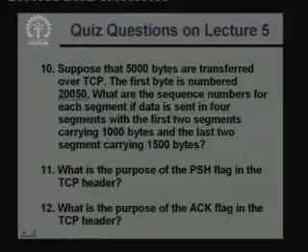Now, the first byte number is 20,050, meaning the numbering will start from 20,050, 20,051, 20,052. All these 5000 bytes that are being sent will be numbered accordingly. They will be split into 4 different TCP segments. So, in this question you will have to say how the byte numbering takes place in these 4 segments, the starting number and the ending number. This you will have to find out.